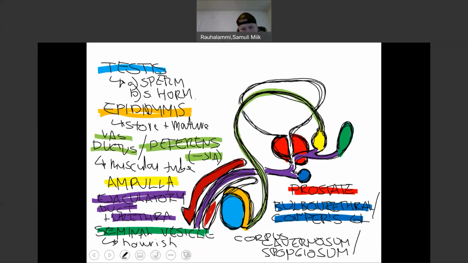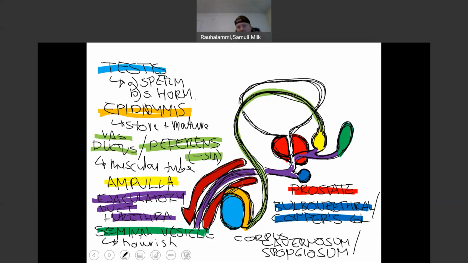So corpus cavernosum and spongiosum are tissues that when they receive blood building up to them, they swell and help in this way to contribute for erection to happen. They're the erectile tissues.